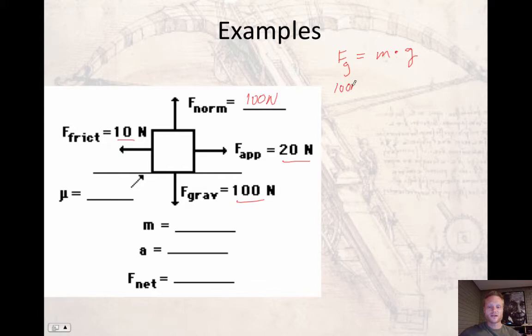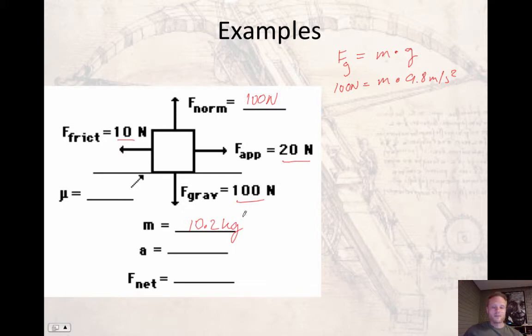So I'm going to write 100 newtons equals m, which I don't know but that's what I'm trying to figure out, times g, and g is always a given. It's 9.8 meters per second squared. If you do a little manipulation and take 100 divided by 9.8, you get a mass of 10.2 kilograms. So we just got one of the things we're looking for: the mass is 10.2 kilograms.